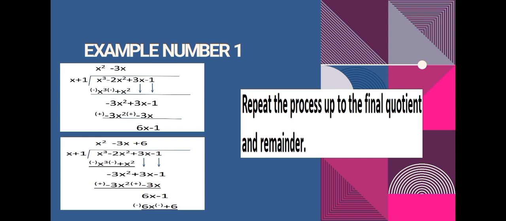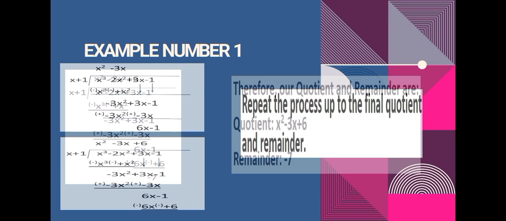Now we will divide the first term of our new dividend to the first term of the divisor. So 6x divided by x is equal to 6.